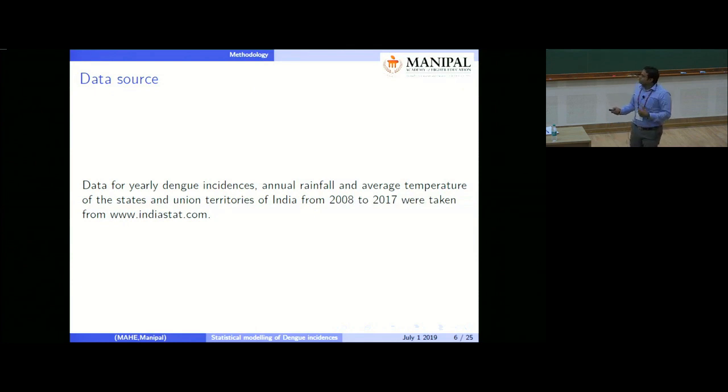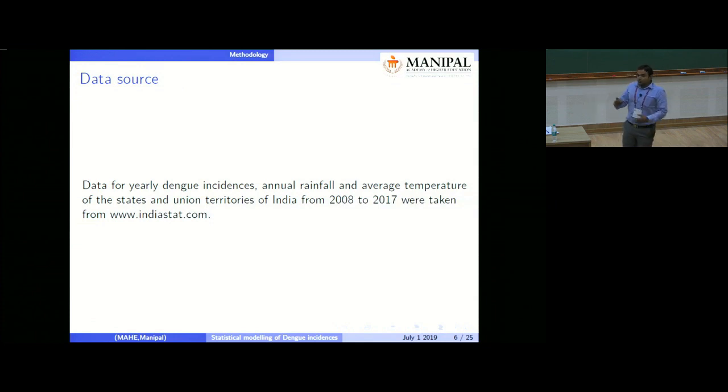However, we couldn't get access to all of this data. We couldn't get access to the monthly data on dengue incidence, nor the monthly data on rainfall and temperature. We could get access only to the yearly dengue incidences and annual rainfall and average temperature from 2008 to 2017 from www.indiastat.com.